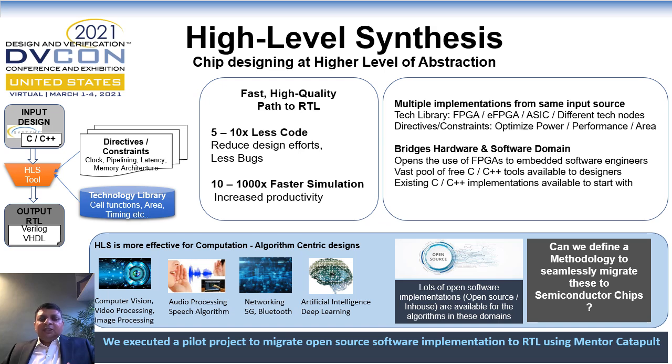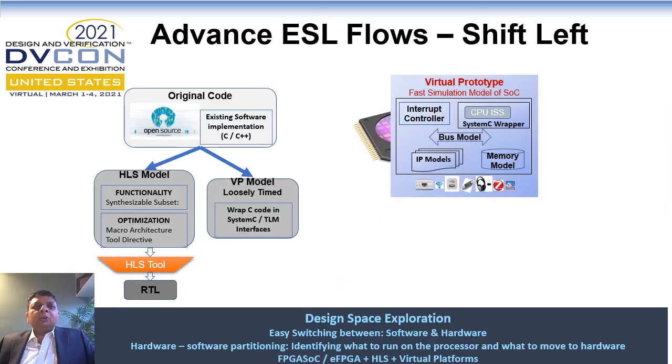At Circuit Sutra, we executed a pilot project using the Mentor Catapult high-level synthesis tool. In this project, we were able to migrate the existing open source software implementation to semiconductor chips. We are further working on refining this flow and making it more mature. We talked about different use cases of ESL: virtual prototype, architecture models, high-level synthesis.